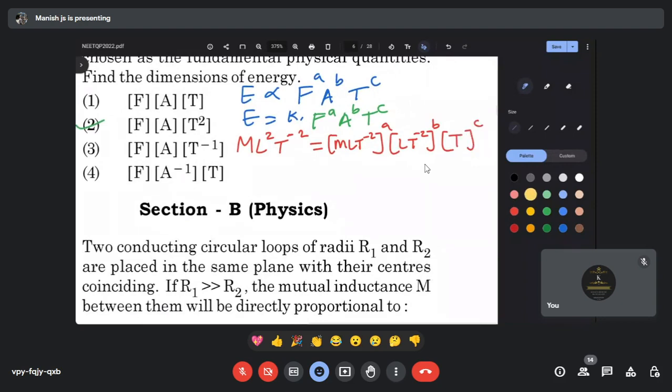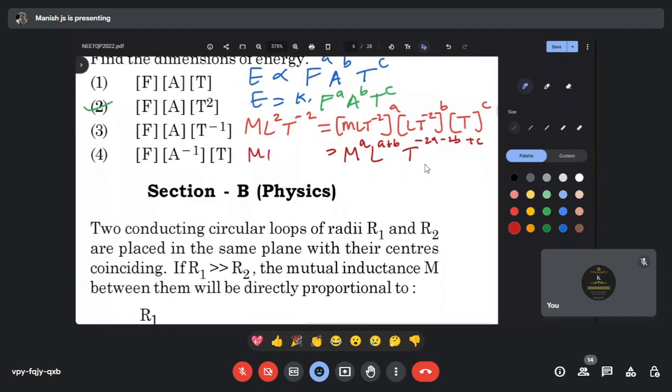Club all like terms. So M to the power of a, L to the power of a plus b, and T to the power of minus 2a first, then minus 2b plus c. This is how you get it. So ML square T to the power minus 2 is equal to this.